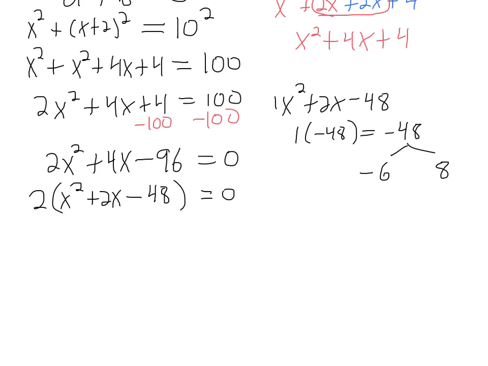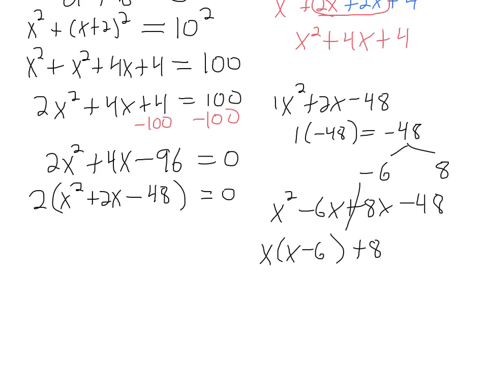So we now have x squared minus 6x plus 8x minus 48. And now factor by grouping. We can factor out the x, and get x minus 6 and the x plus 8.